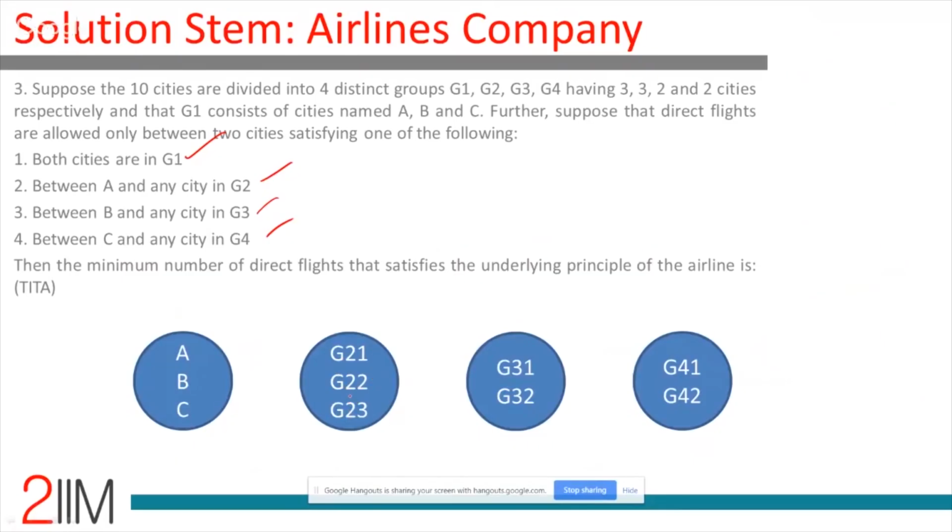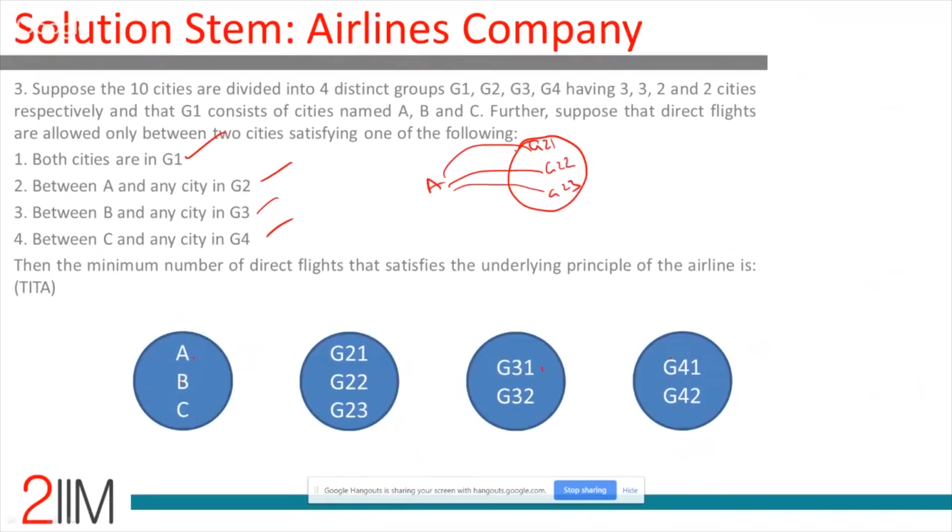Remember, these 3 cannot go to B and C, cannot go to G3 and G4. So, obviously, if you're linking these 3 only from A, we need to give all linkages, otherwise we are in trouble. What do I mean by that? A to G2, we need to have all 3 flights, G21, G22, G23.